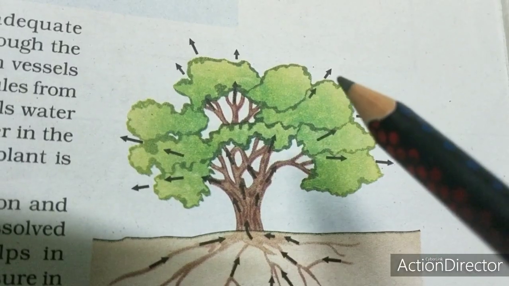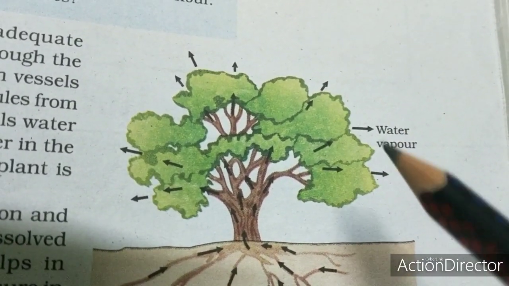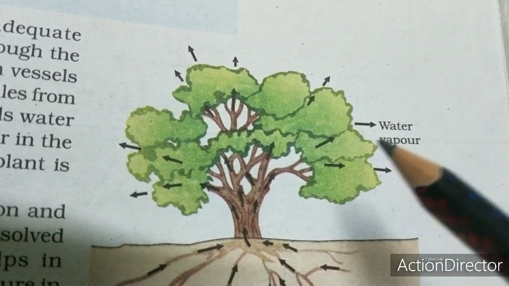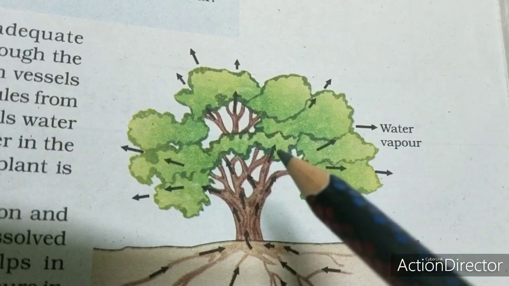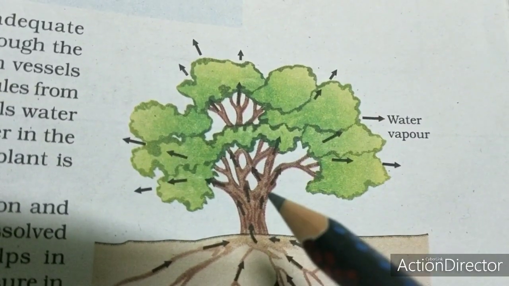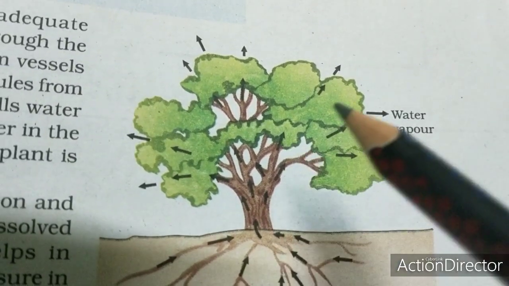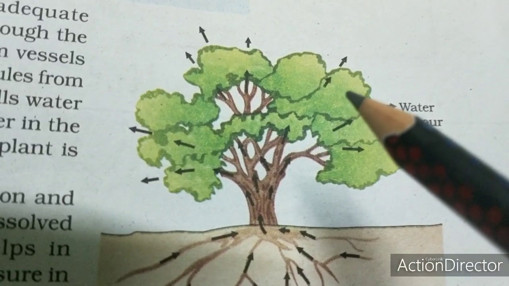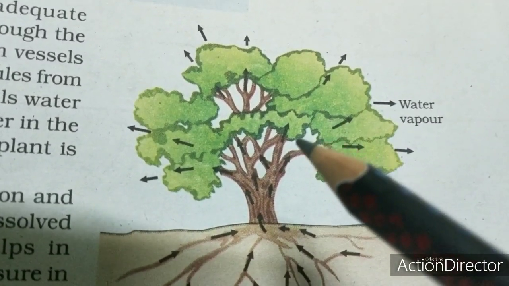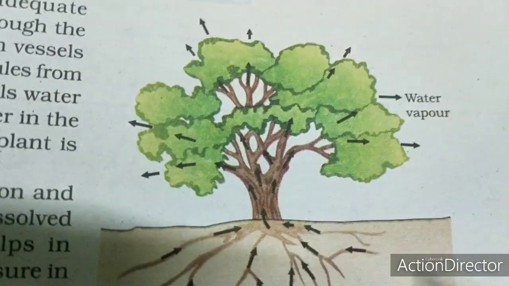The transpiration is loss of water in the form of water vapors. As the water is passed out as water vapor, this loss of water creates an internal pressure. That pressure is called suction pressure. The suction pressure will pull up the water molecules to the greatest height of the plants. So this is an advantage of transpiration in the process of transport of water to the greatest height of the plants.